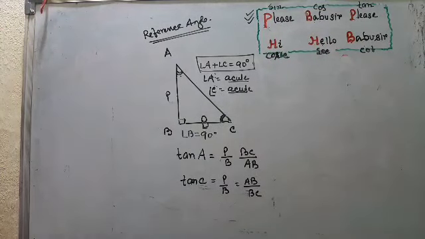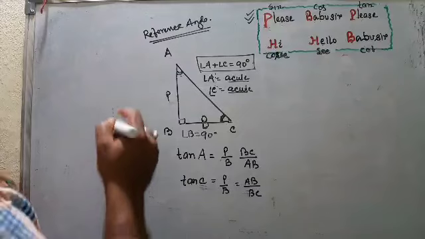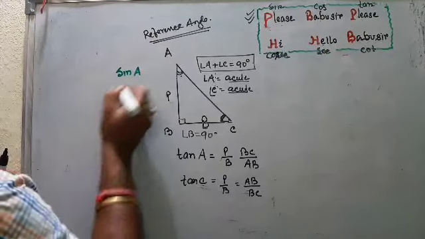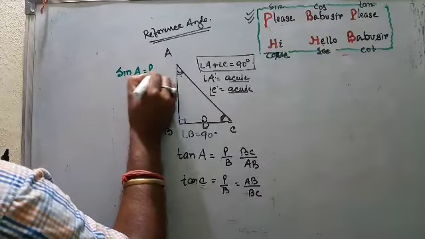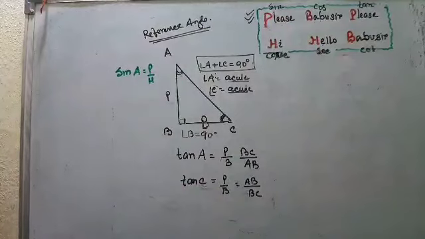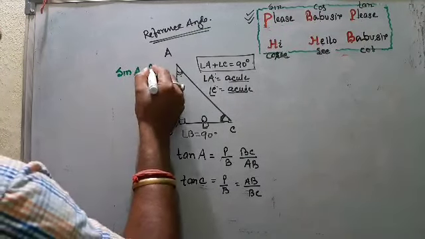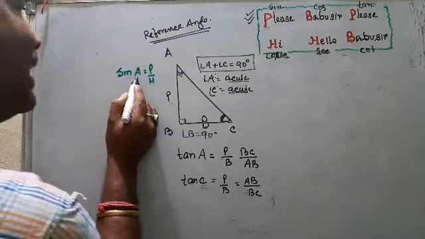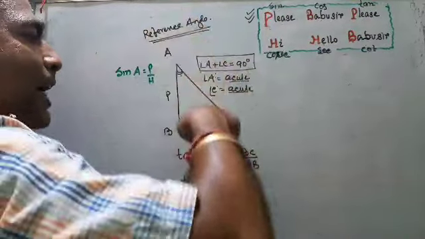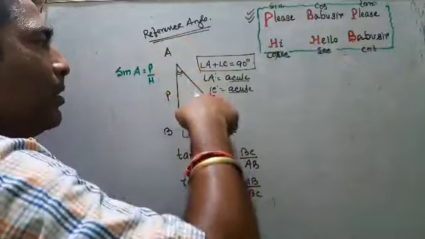Clear? Suppose sine A is given. So sine means perpendicular by hypotenuse. Now A is the reference angle. From here I check. So from A, the opposite side is the perpendicular.